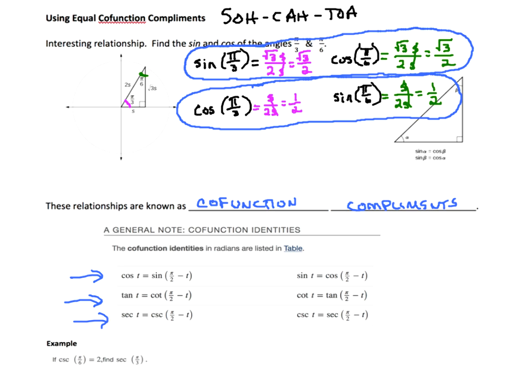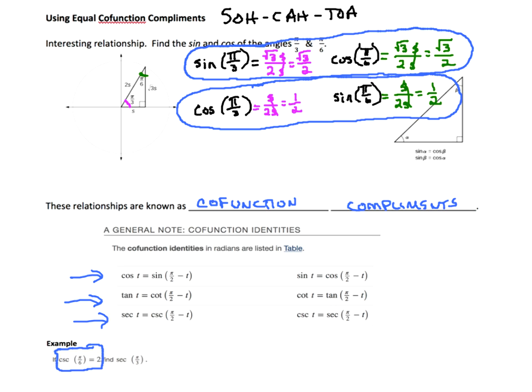All right, let's try one down at the bottom here. We have the cosecant of pi over 6, and we're told that that equals 2. And we say, okay, well, what is the secant of pi over 3? Well, if we knew that cosecant and secant were set up in this relationship, we said, well, that equals 2.